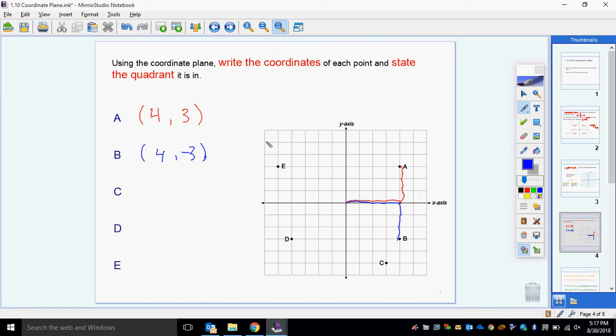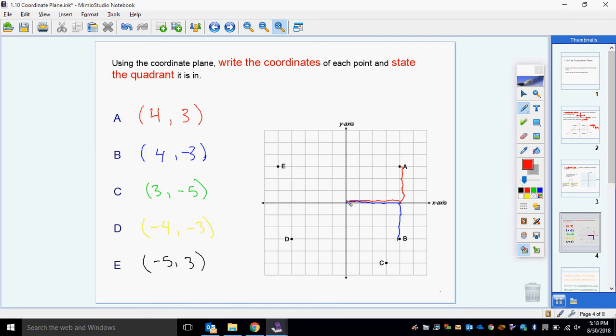Okay, C, D, and E, I'd like you to try and do on your own. Find the coordinate points for C, D, and E. All right, go ahead and compare your answers with mine. For point C, I found that it was at 3, -5, so I had to go right 3, that's +3 on the x-axis, and then 1, 2, 3, 4, 5 downwards on the y-axis, so that'd be a -5.